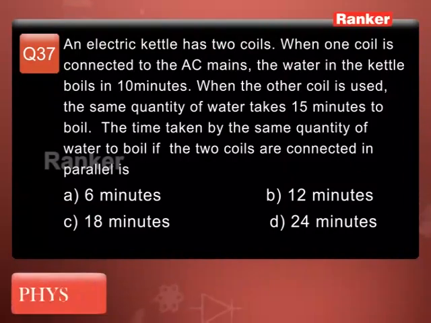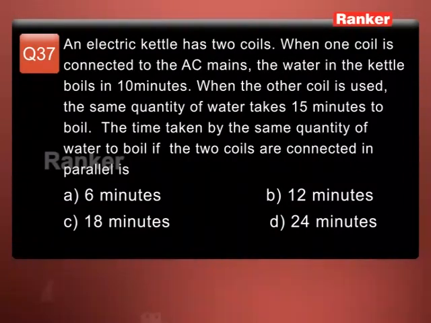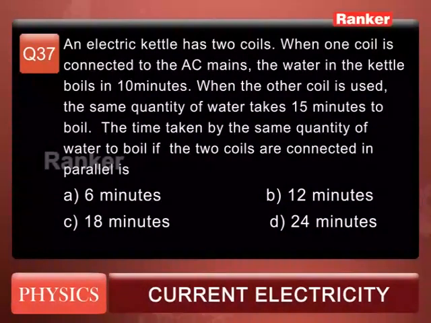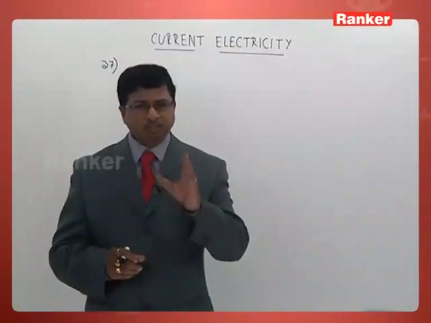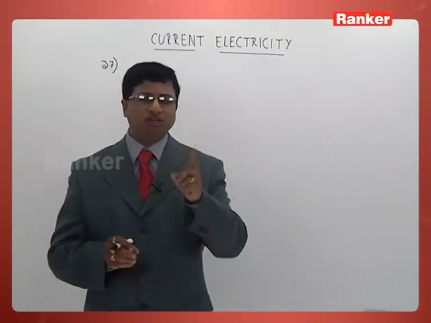So if you look at the options carefully, the first option is the only one given as 6 minutes. Second one is 12, third one is 18, fourth one is 24. So what can we understand here? The first option itself is the correct option for us. It took simply 6 minutes.